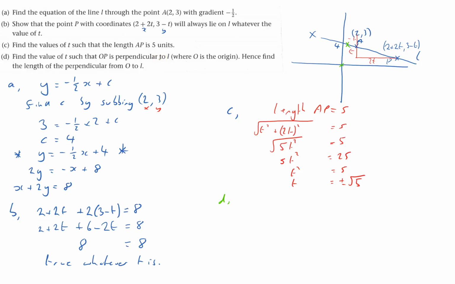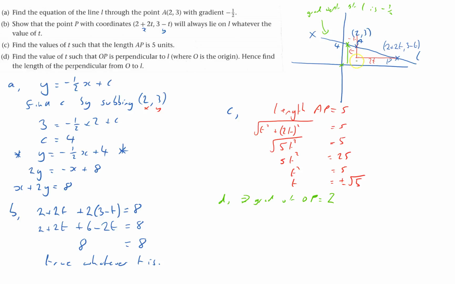And we know the gradient of the line L is minus a half. Therefore, the gradient of OP equals 2. This is the negative reciprocal. So it's 2.